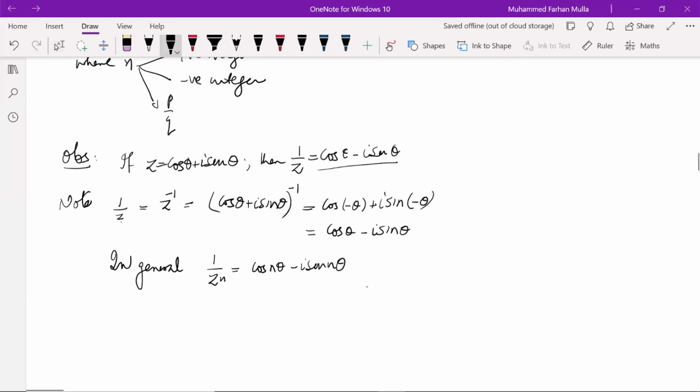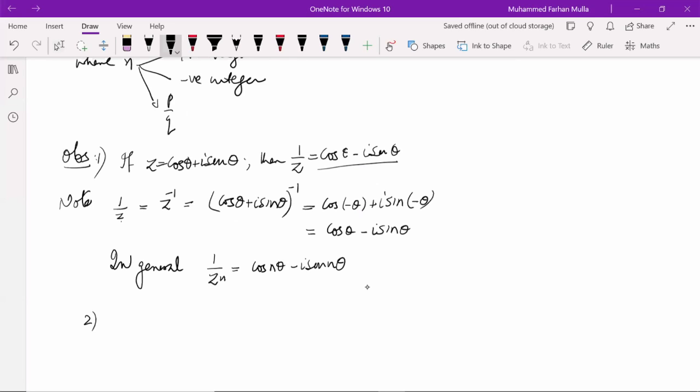Okay, now suppose there is one more observation. Instead of cos theta plus i sine theta, if we have the number, say, sine theta plus i cos theta, then can you express this in this particular form? Yes.